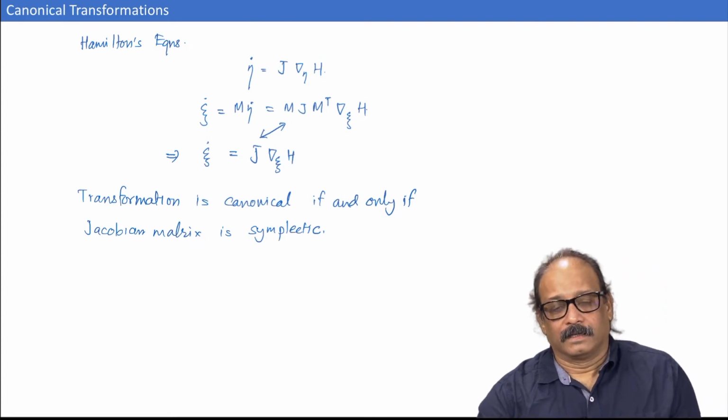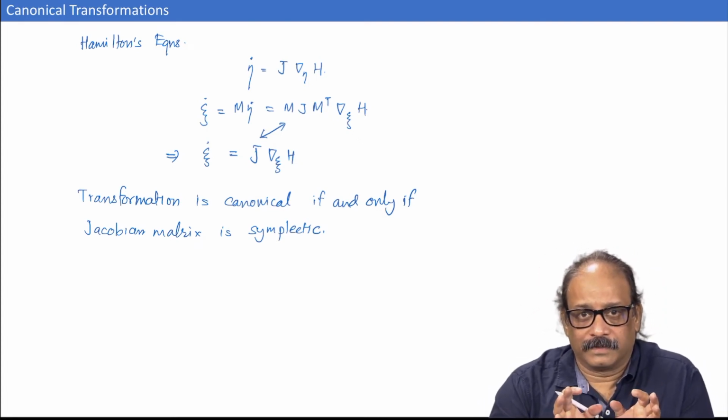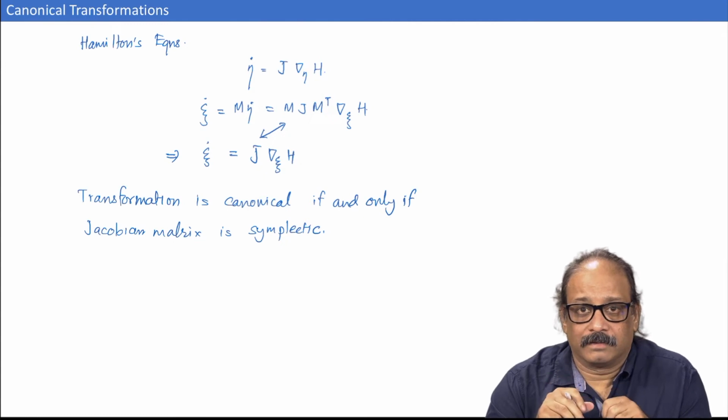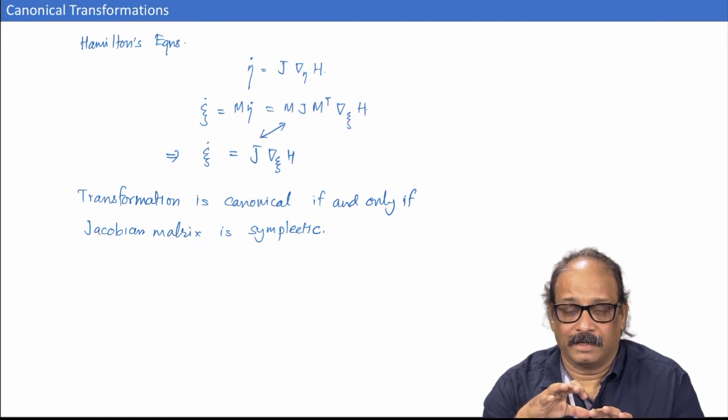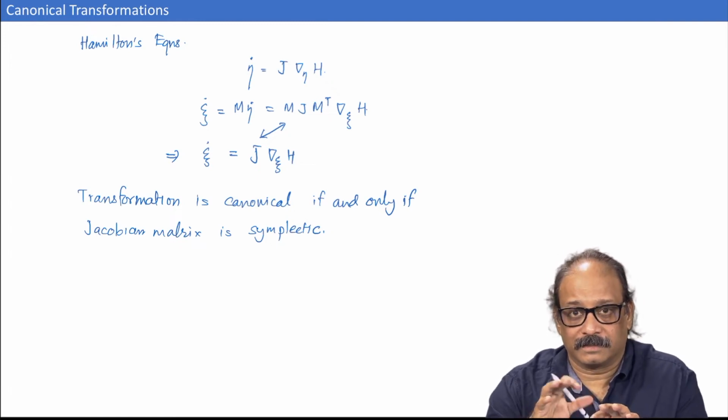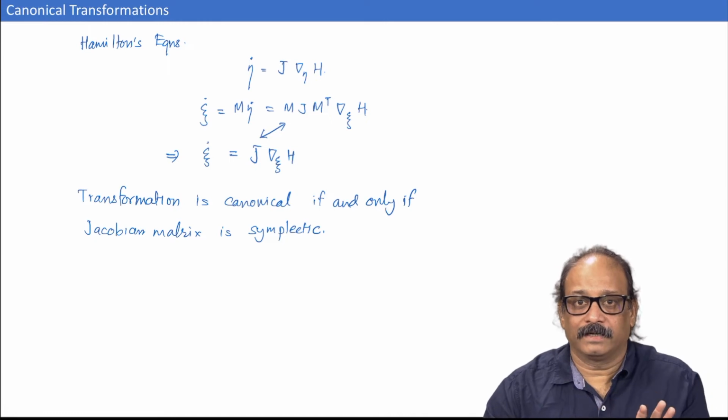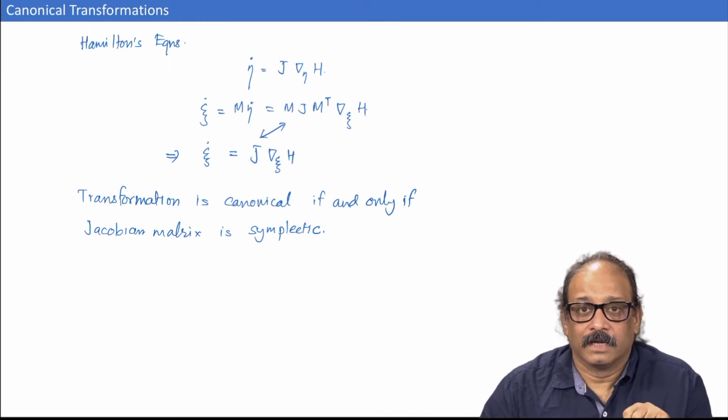Okay. I will give you one analogy of this. Remember, I was talking about the Newton's equations. Newton's equations are left invariant by special kind of transformations which only rotate the Cartesian coordinates. And what kind of matrices are those? Those are called orthogonal matrices.